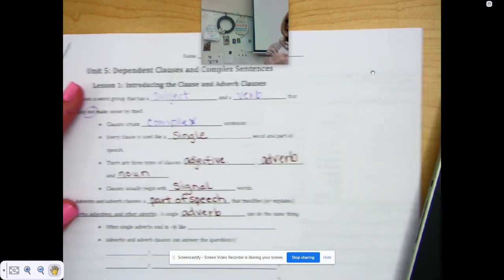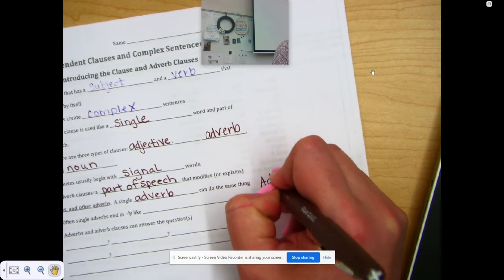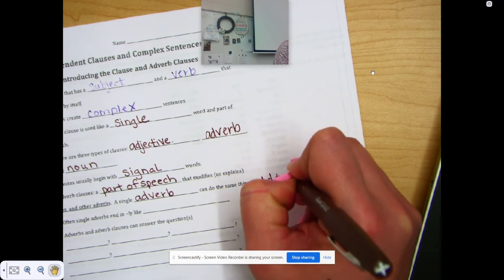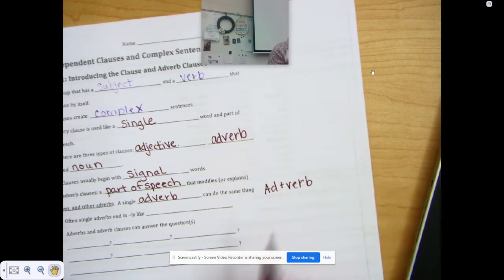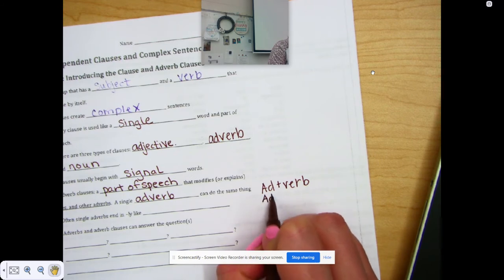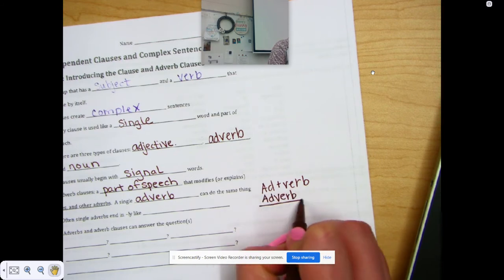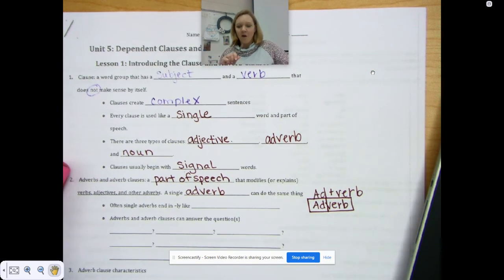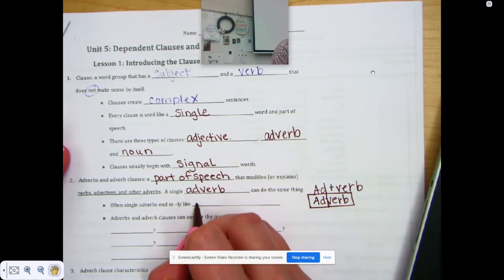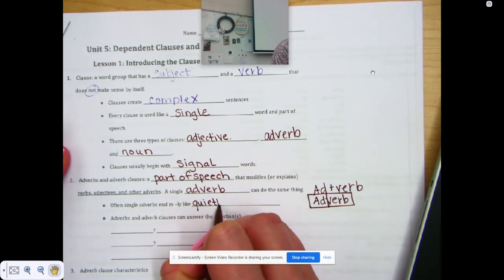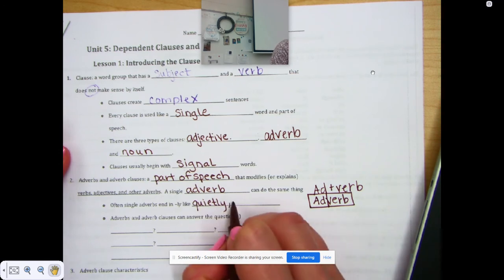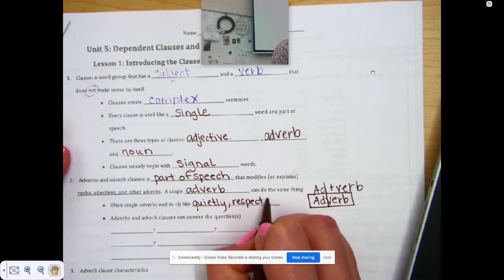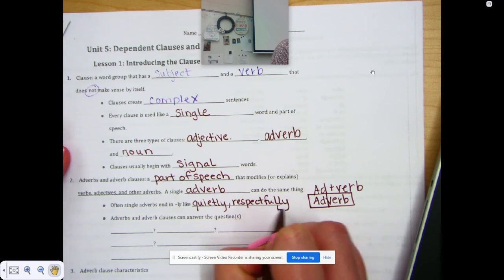Quite simply, the way I like to think of it is adverbs add, and I know it's spelled wrong, they add to verbs. Or you could think of it like this: adverbs in some way are modifying a verb, okay? Often, and we learn this when we're in elementary and middle school, adverbs end in ly. For example, quietly or respectfully, right? It ends in an ly.